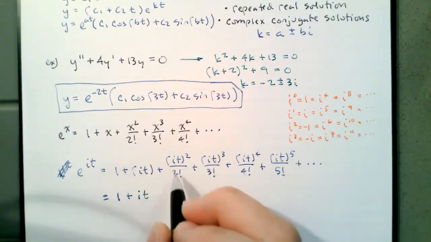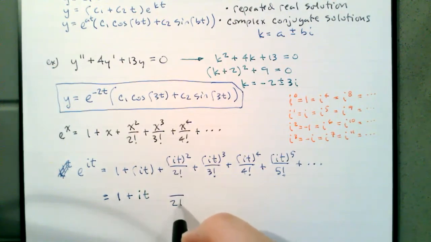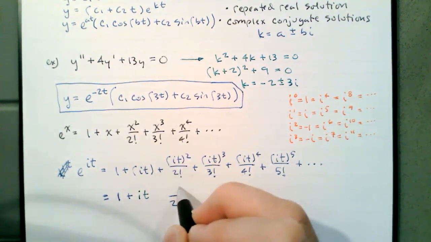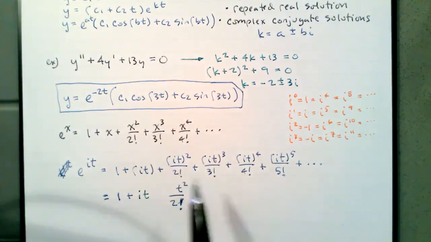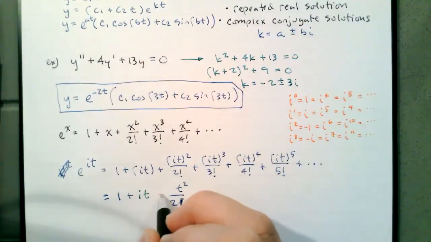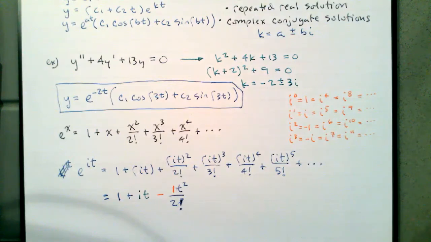But this next term, oops, I spelled factorial wrong. There. Get a comic book exclamation point. But the second one has an i squared. i squared is equal to -1. So I have a minus t squared over 2 factorial.